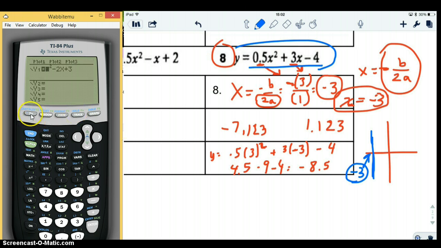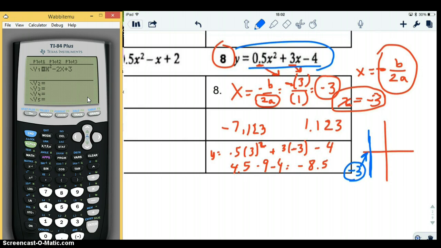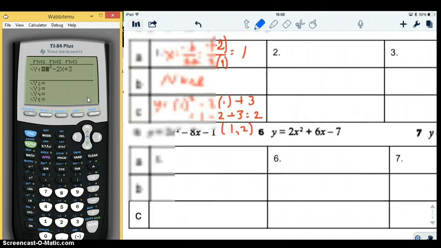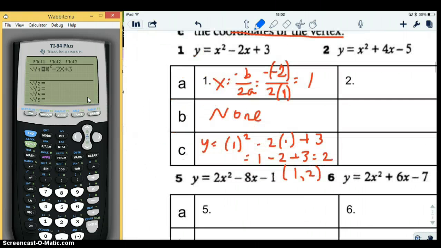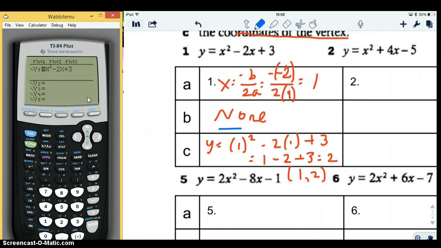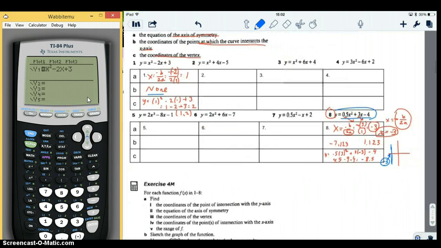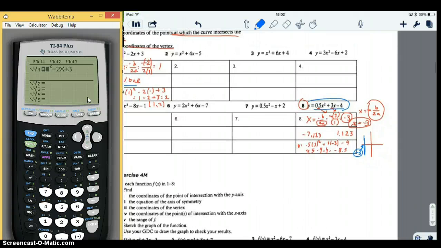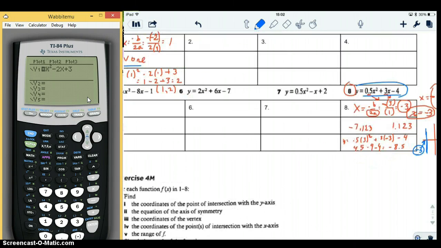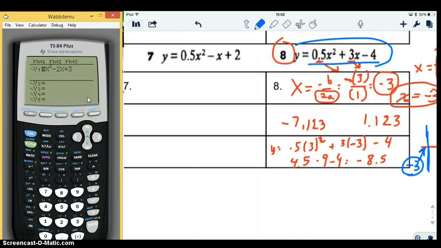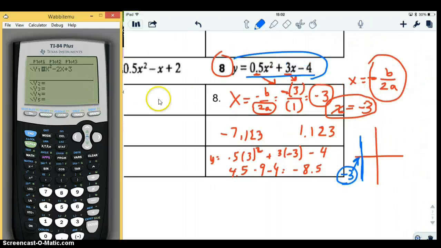In problem 1, we actually saw that there were no x-intercepts. It did not cross the x-axis. This is why I'm going to show you problem 8 also, because in this one you actually are going to cross the x-axis. The way you figure out where it crosses the x-axis is you put the formula in the calculator.